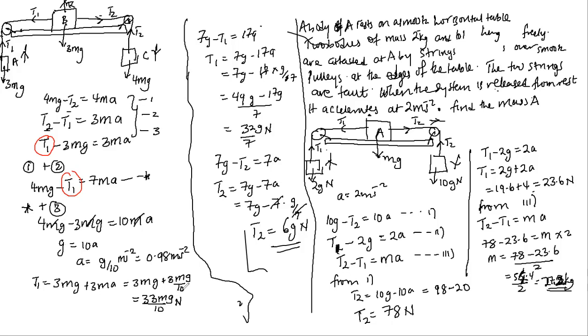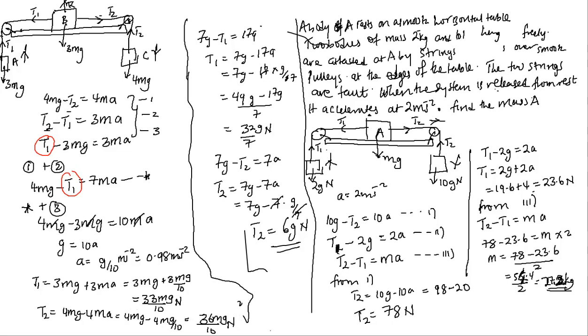So the 10 cross multiplies to meet this 3m to give us 30mg plus 3mg to give us 33mg. Then T2 can be got from 4mg minus 4ma. This will be 4mg minus 4mg over 10. This will give me 40mg minus 4mg, which will give me 36mg over 10. And that will be the value of T2.